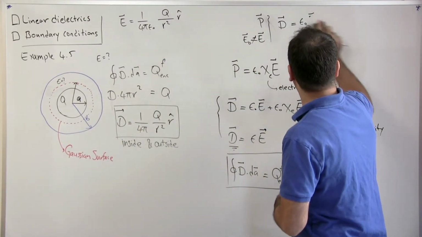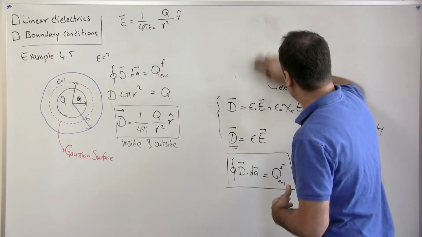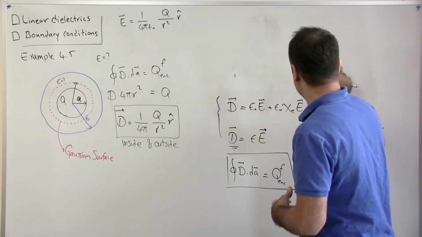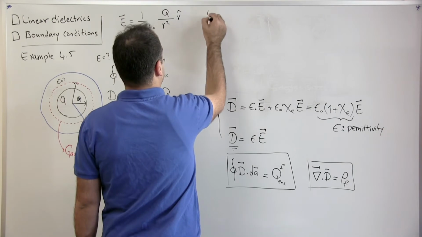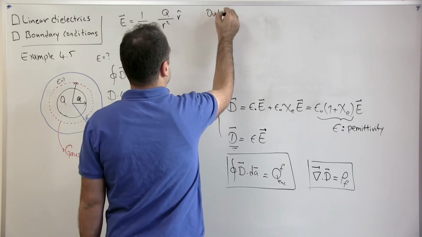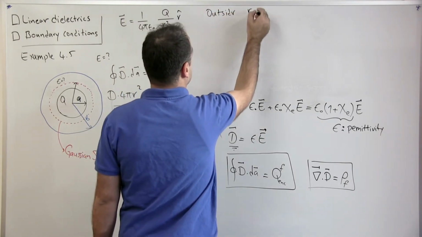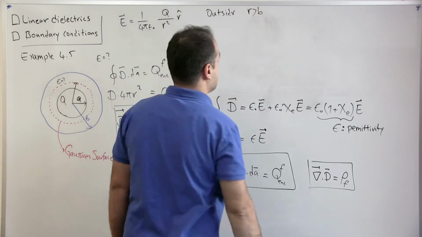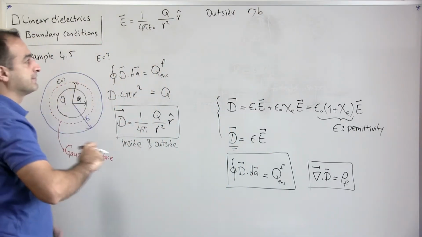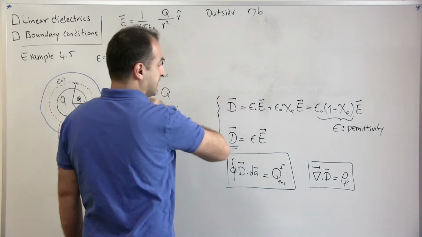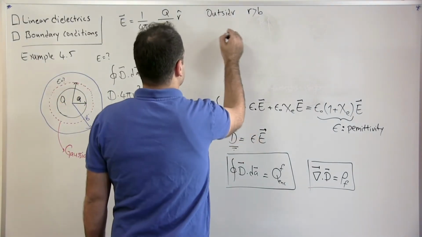So what I want to do is first look at what is outside, and by outside, I mean R being greater than B. Outside, we have free space. The permittivity is epsilon 0.